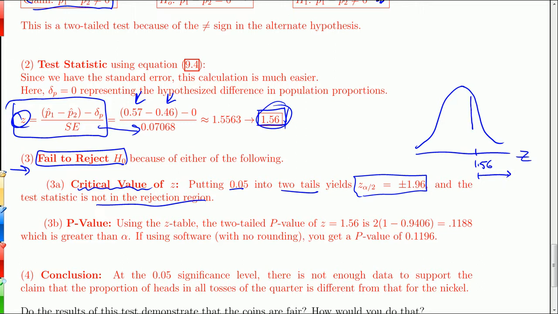So the p-value would be this area here, right? But since this is a two-tailed test, I actually have to consider anything to the left of negative 1.56. Right? So if I'm to the left of negative 1.56 or to the right of positive 1.56, that's more extreme than 1.56. So then my p-value is the combined area.